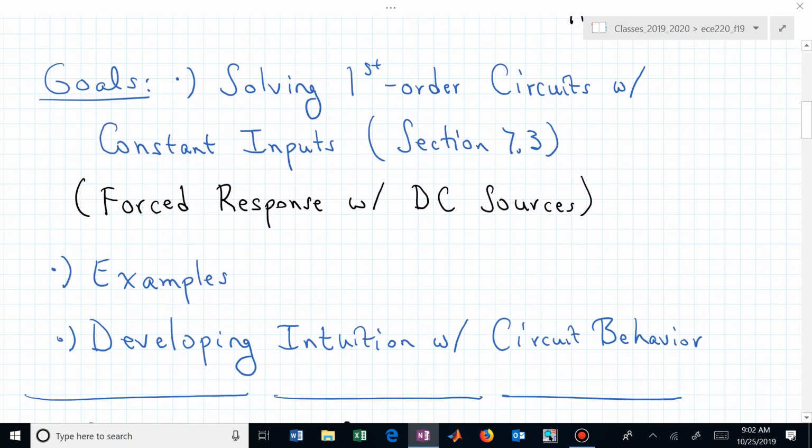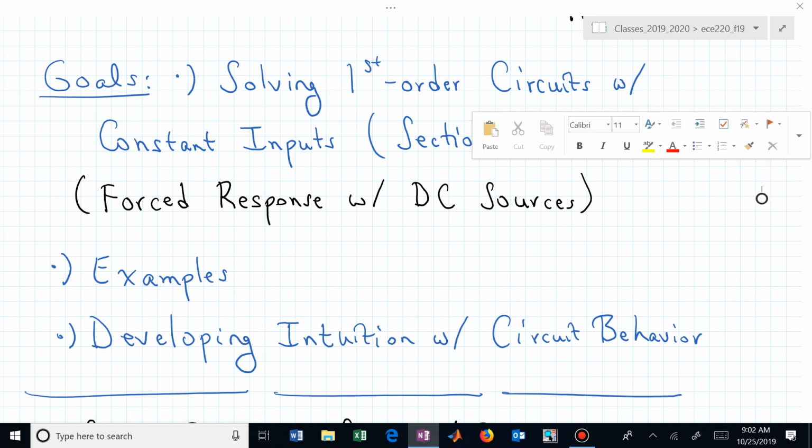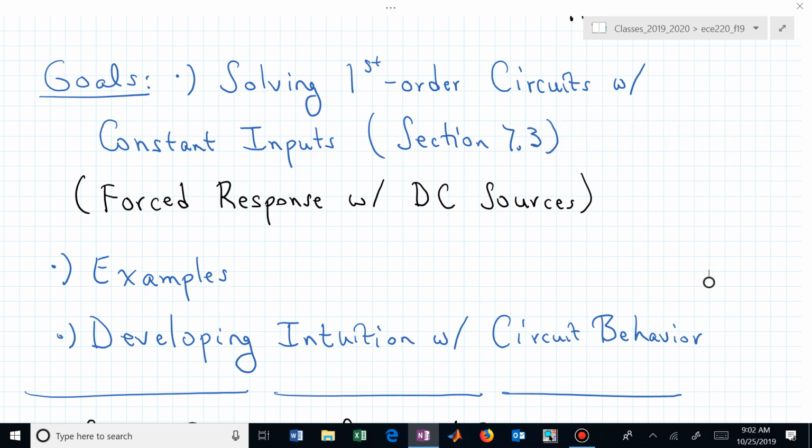What we want to do today is start pushing these circuits, meaning let's just excite them with constant inputs. It's now the step response of these first order circuits.